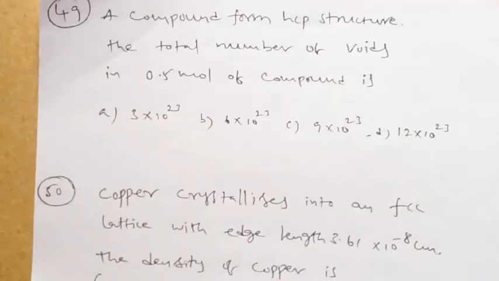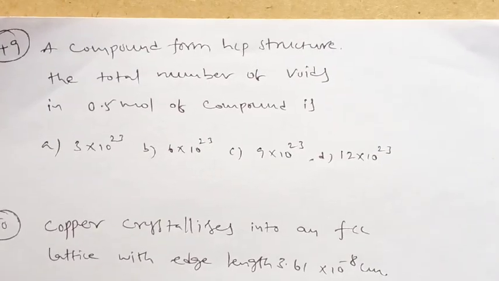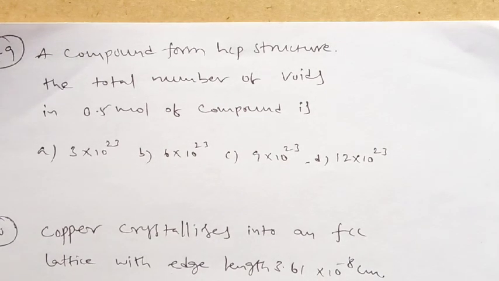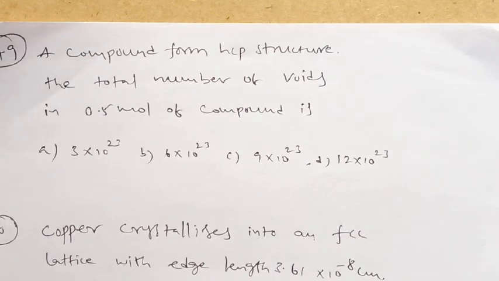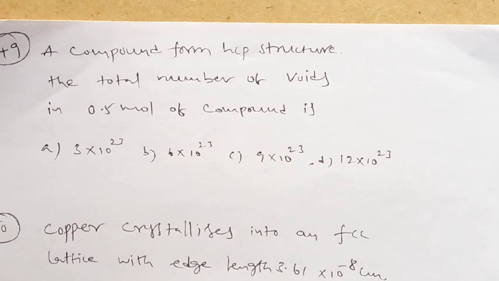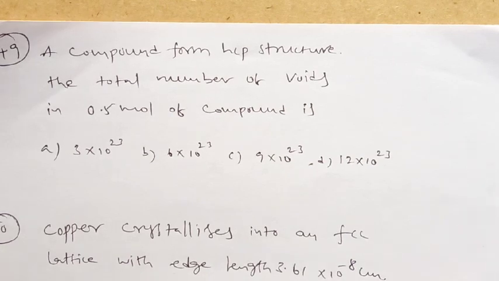This is also a very important model, based on the words only, very simple. A compound forms an HCP structure. The total number of voids in 0.5 mole of the compound is... Do you understand the question? Very simple. Compound forms HCP, that means generally FCC. Total number of voids.